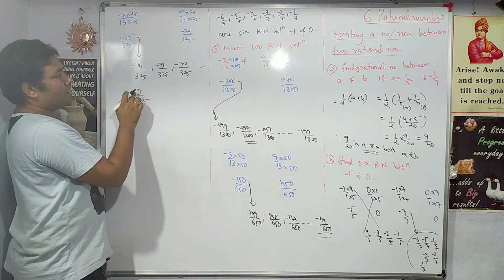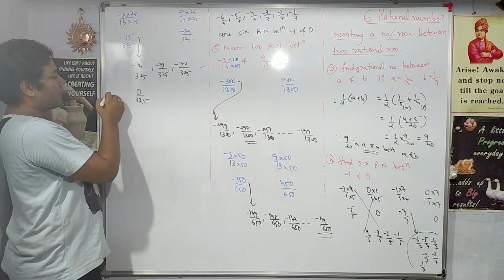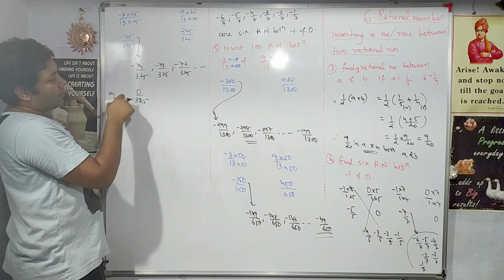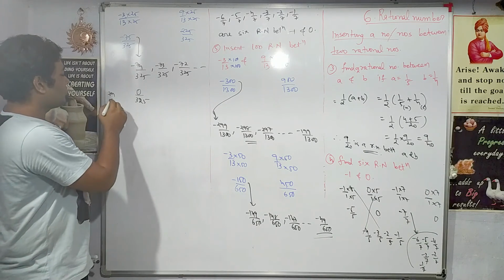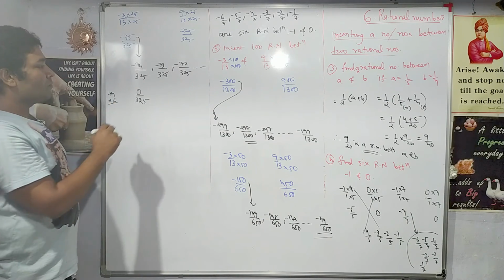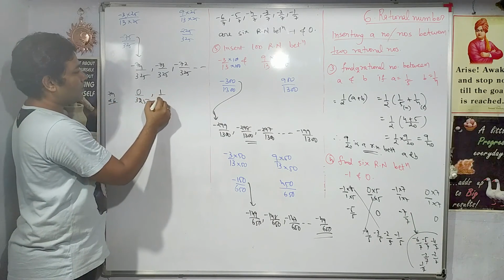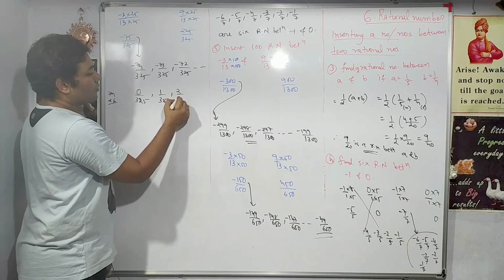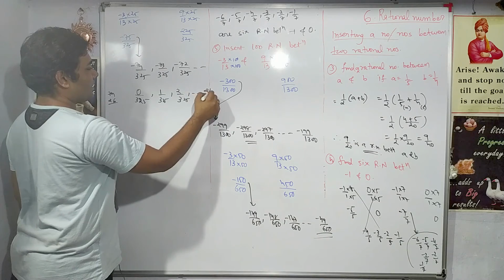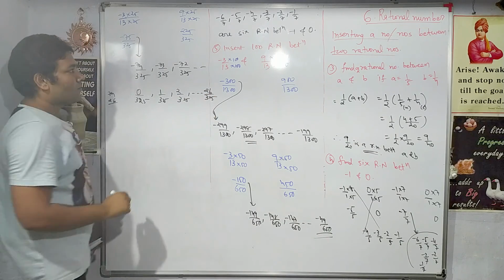So minus 74 to 0, how many numbers did I get? 74, right? And now how many more numbers do I want to make it 100? I want 26 numbers more. So then it will start with 1 upon 325, 2 upon 325, so on till 26 upon 325.